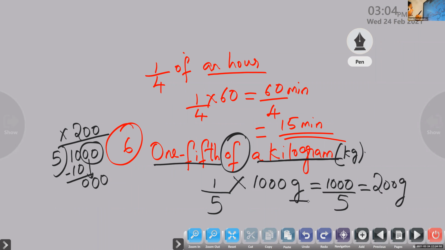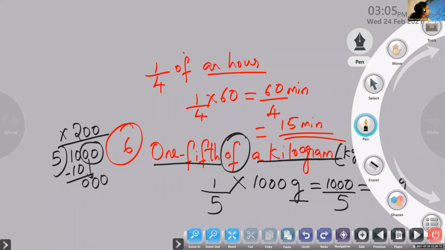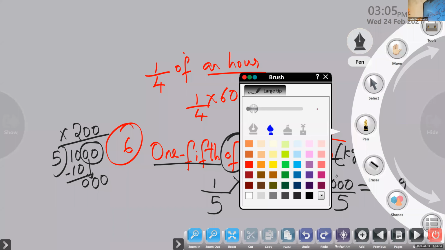1 kilogram is equal to 1000 grams. So 1/5 of a kilogram is equal to 1 by 5 into 1000. So children, when we multiply 1 into 1000, it is 1000 by 5. Or children, I told you we can use the cutting method. Here we can write 5, how many times in 10? 5 twos are 10.